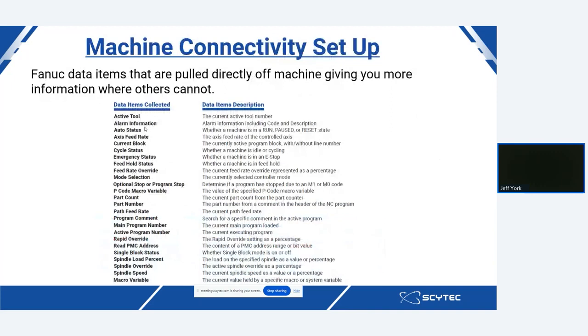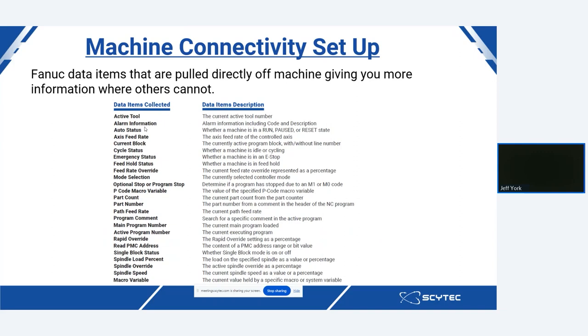So what separates a direct protocol as opposed to OPC UA or MT Connect is the data points that you can collect off of the machines that are outfitted with that. And you can really pull a whole litany of stuff off of there that can be used to populate your manufacturing charts. What we're looking at here is a collection of Fanuc Focus related data items that are collected.